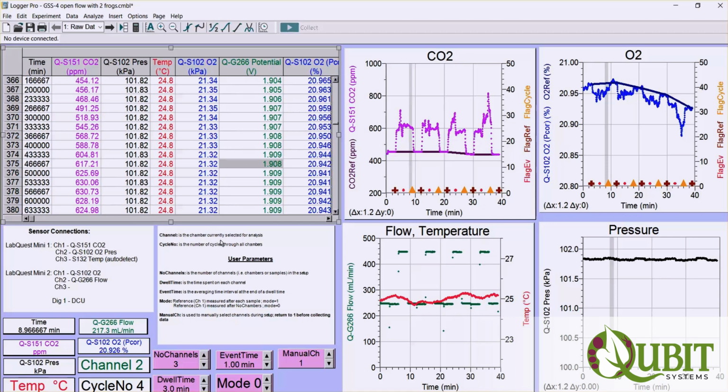And if you run your experiments over a few days, then I would even recommend that you save your data at the end of each day under a name for that day, then clear the data, save it again under a new name for the next day, and restart the experiment.